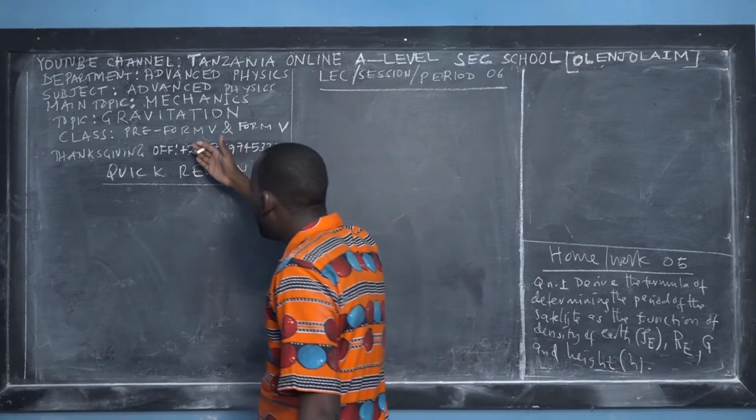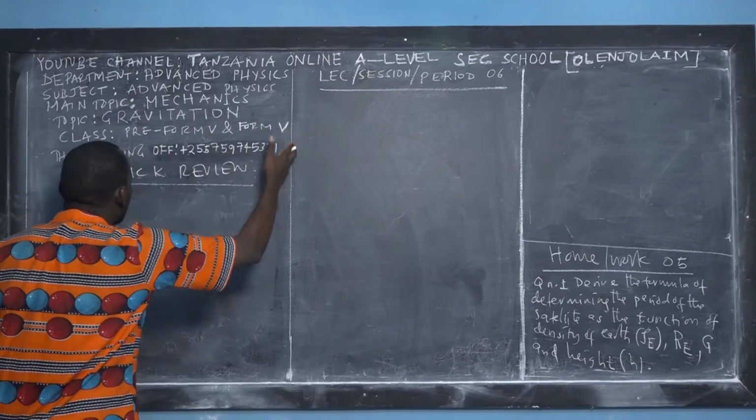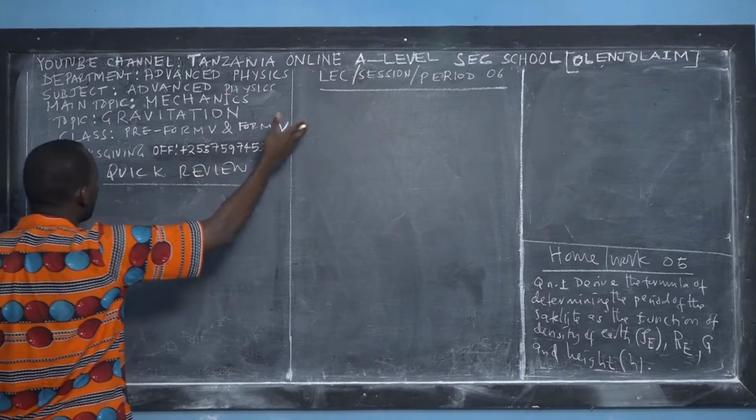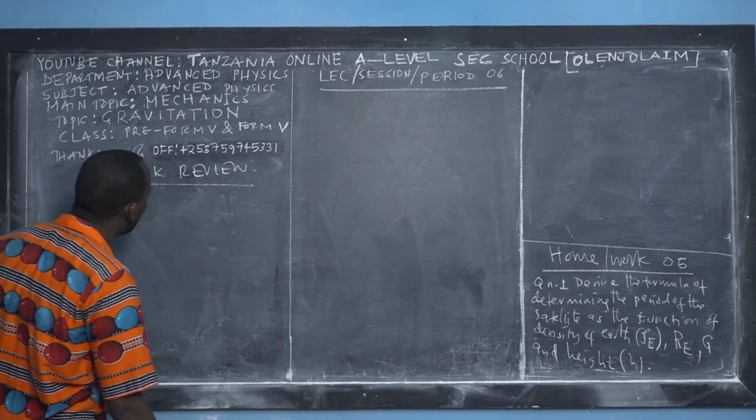The department is advanced physics. The subject is advanced physics. This is for A-level, Form 5 and Form 6. The main topic is mechanics, and the topic is gravitation.